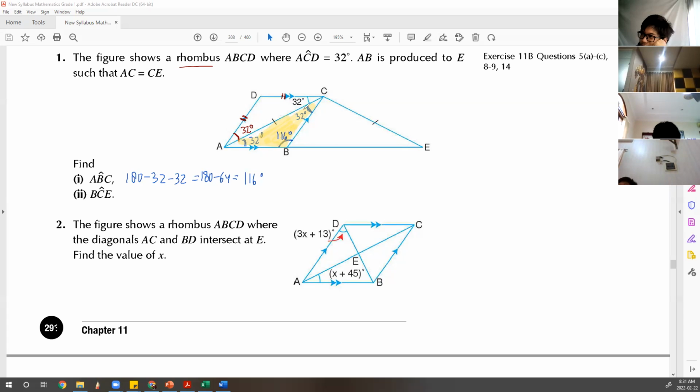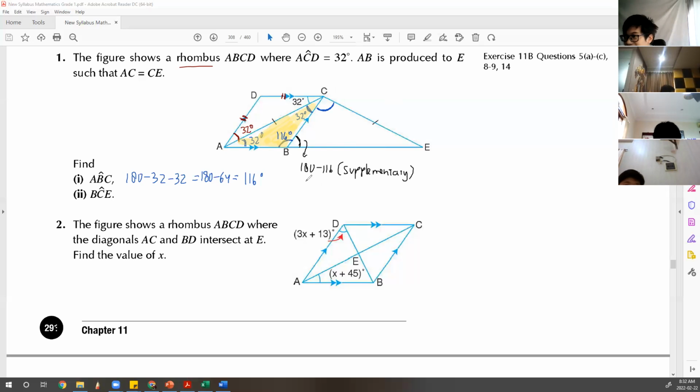Now calculate BCE. Wow, BCE. We never know about BCE because it's a scalene triangle. So try to think of the other angles that can be found. This is 180 minus 116 because it is supplementary. So it is 64 degree, right?